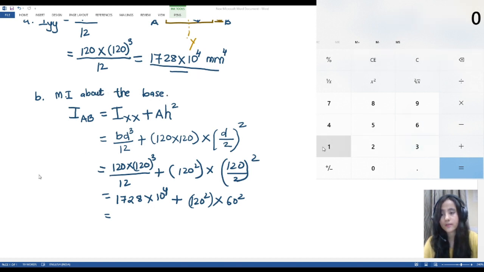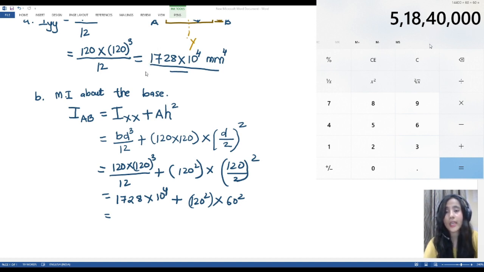Let us first do the Ah square part. 120 into 120 is my area of the square into 60 square, 60 into 60. I get this much. This is just the part of area into its perpendicular distance h.